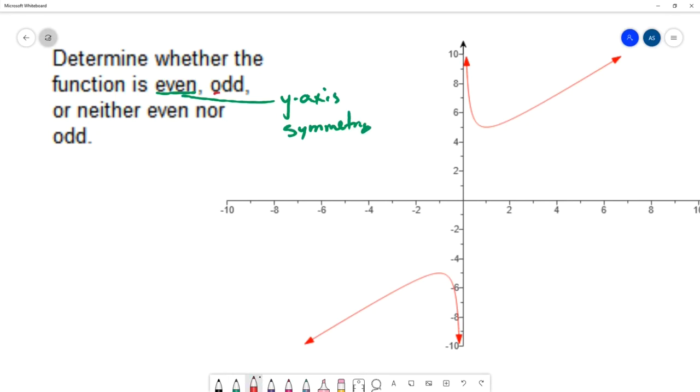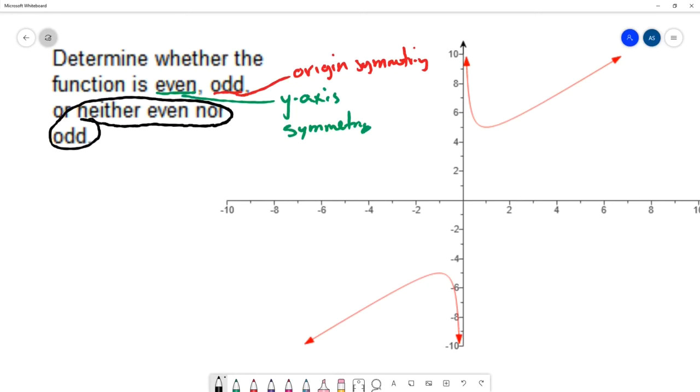And odd graphically will mean that we'll have origin symmetry. So looking at this picture, we want to determine whether the graph has origin symmetry or y-axis symmetry. And if it does, then we can label it as even or odd. And if it doesn't have either of those types of symmetry, we're going to say neither even nor odd.